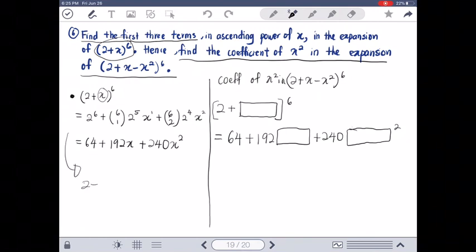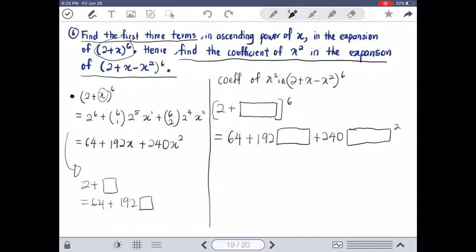I'm just assuming from here, because (2 + something)^6 equals 64 plus 192 something plus 240 something squared. It's basically just substitution.